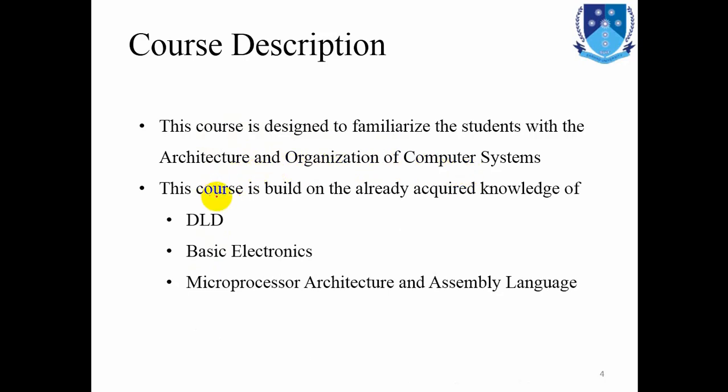Remember that the computer architecture course is built on the already acquired knowledge of 3 different courses: the digital logic design, the basic electronics, and the microprocessor architecture and assembly language. If you have sufficient knowledge of these 3 courses, it will be very easy to understand the computer architecture course.